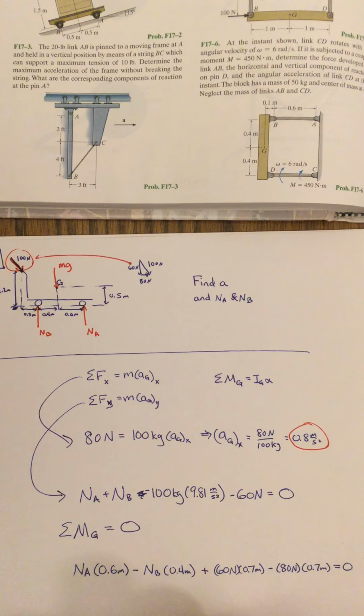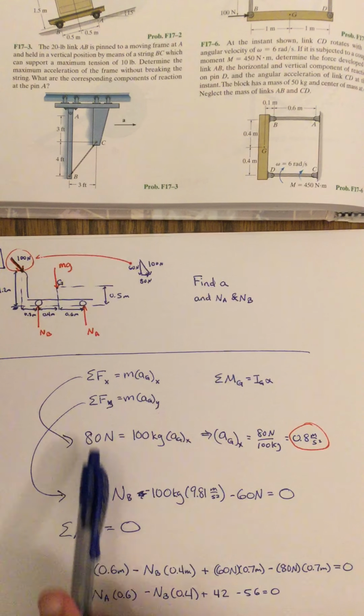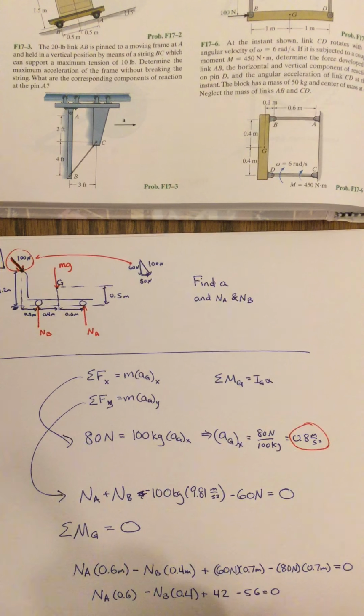So let me simplify this. I'm going to leave the units out here also. 60 times 0.7 gives me 42. 80 times 0.7 gives me 56. Okay, and then I have my equation up here, which came from looking at the sum of the forces in the y direction.